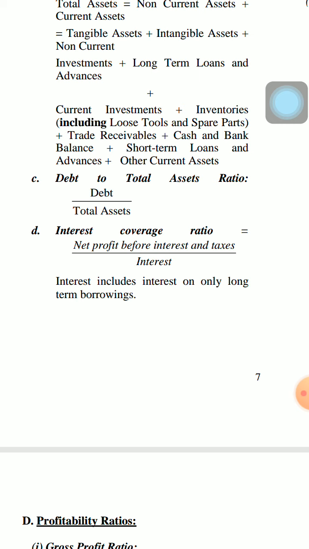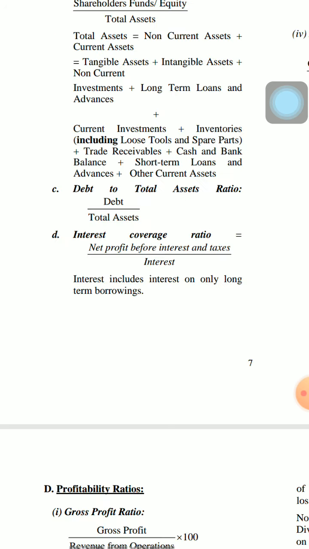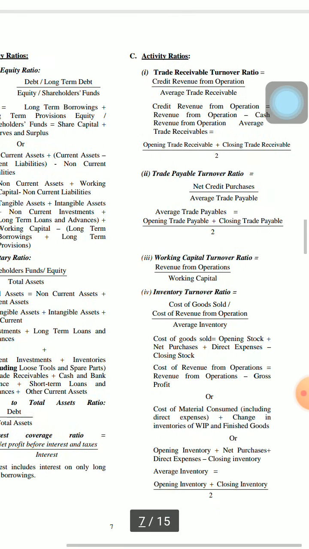It is very important because anyone has to see whether that much net profit is at least available or not, which is covering the interest paid on debentures or long-term borrowings.